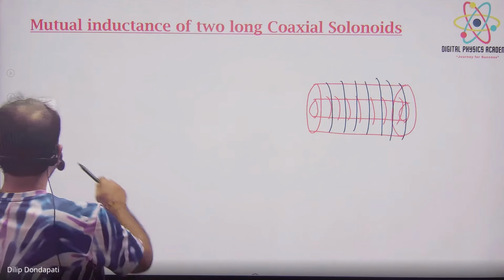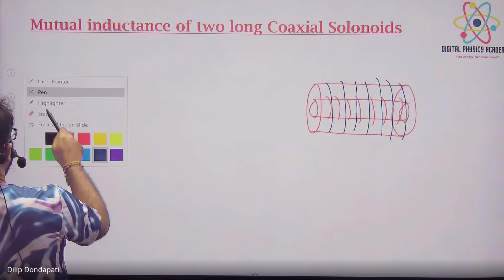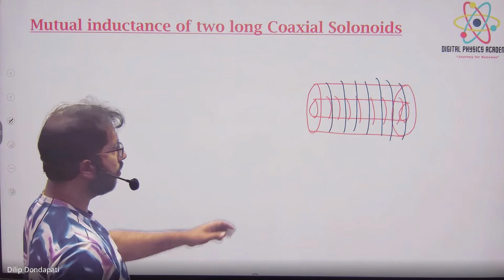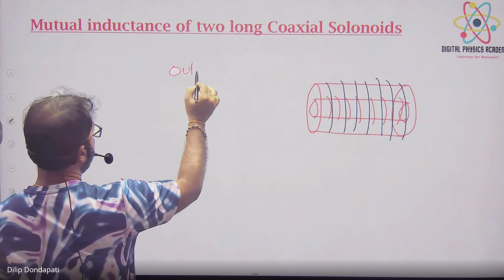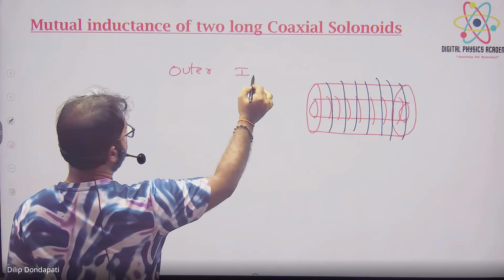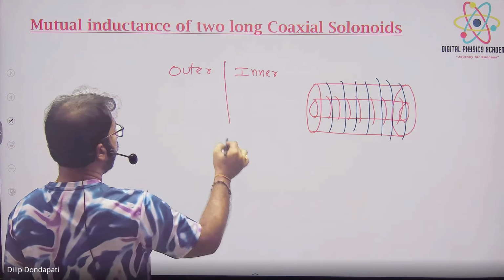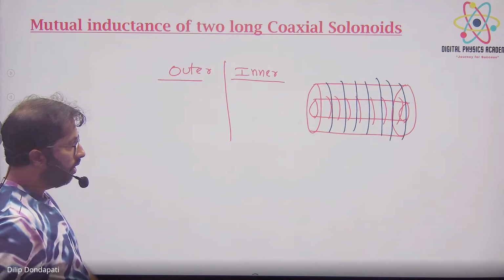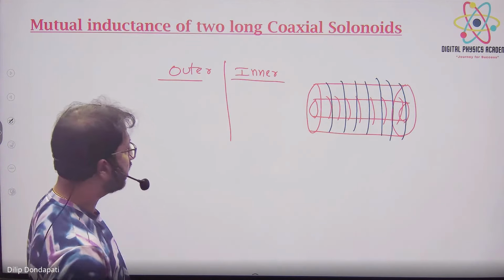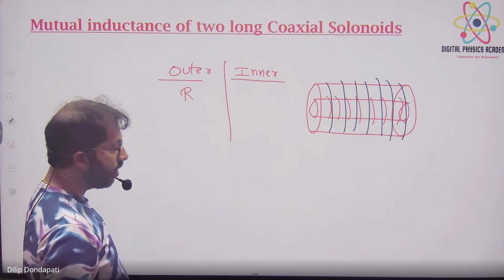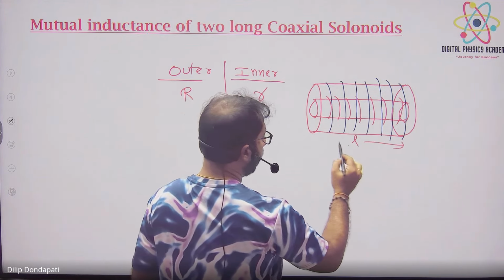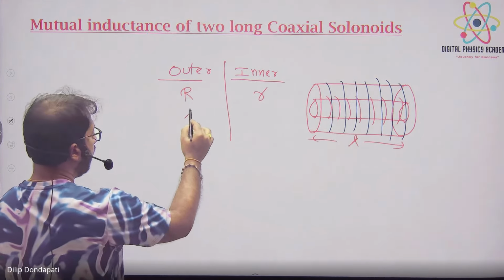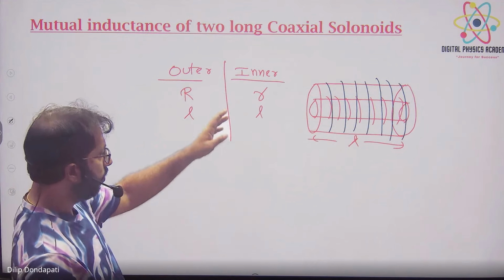And we have to keep the number of turns. I'm talking about the outer coil and the inner coil. The outer coil's radius we are taking as capital R, and the inner coil's radius we are taking smaller r, and both lengths are L. This is the first coil, second coil, right?